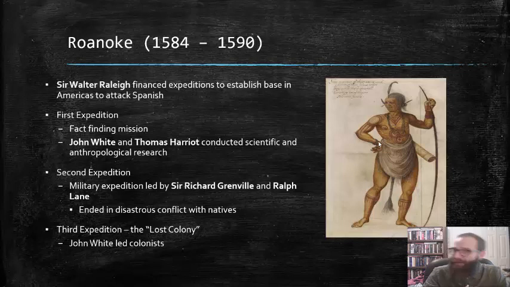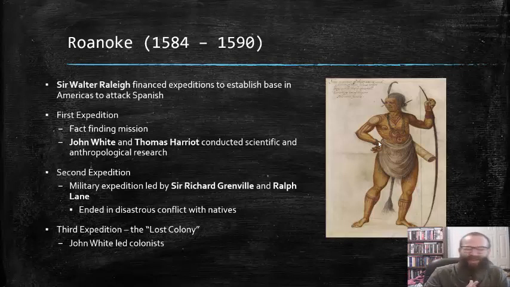Now, they arrived after the planting season, so they weren't really able to sow any crops of their own, and of course, due to the conflict between the Native Americans and the previous expedition, Native Americans of the region were not very welcoming to the colonists and really didn't want to give them any sort of assistance in helping their colony survive.